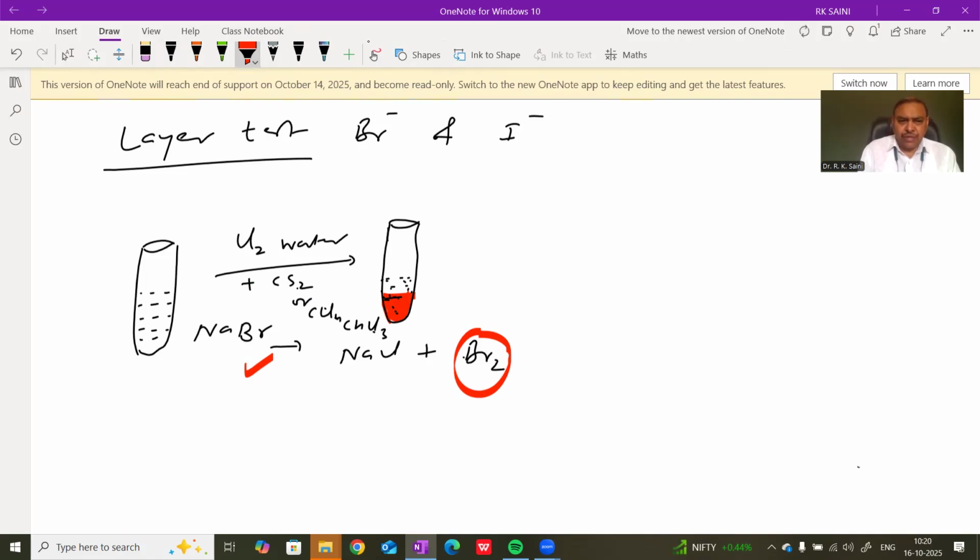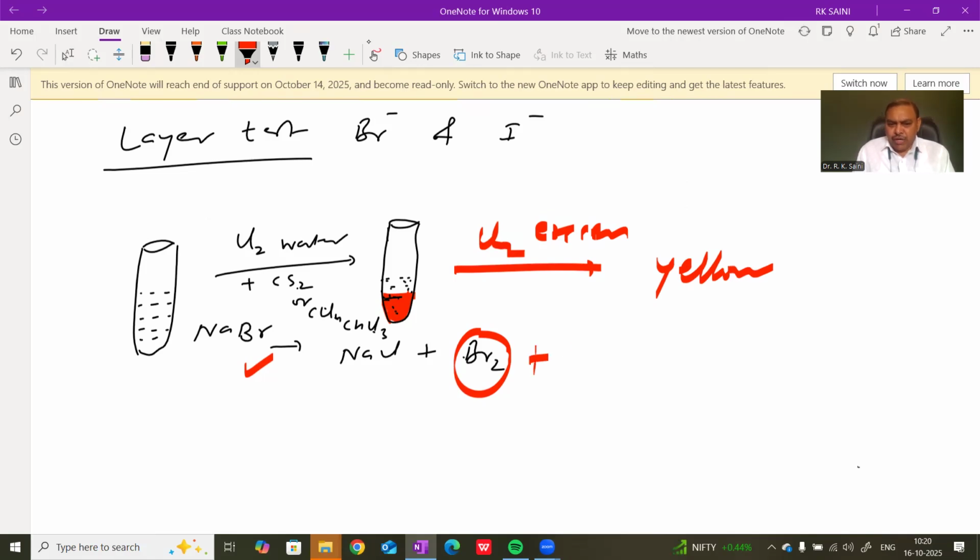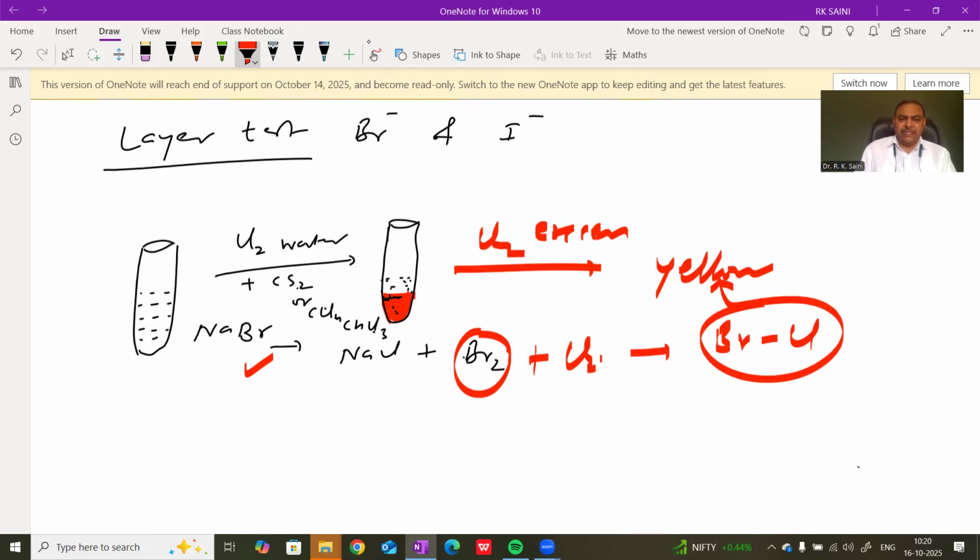If excess of chlorine water is added, then a yellowish layer is formed because chlorine and bromine make an interhalogen compound, bromine chloride. It is yellowish in color. This is the layer test of bromide.